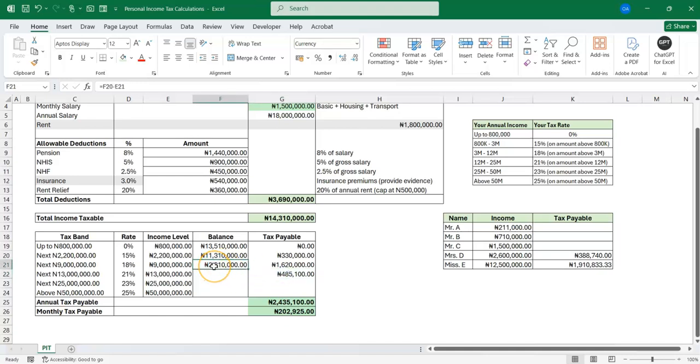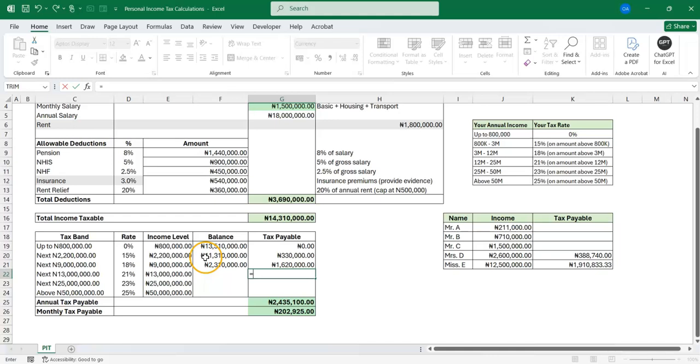You can see that 9 million we've calculated for, and then this balance, 2.3 million, is less than 9 million. So I'll just come here and say equals to this amount multiplied by 18%, and then we have this.